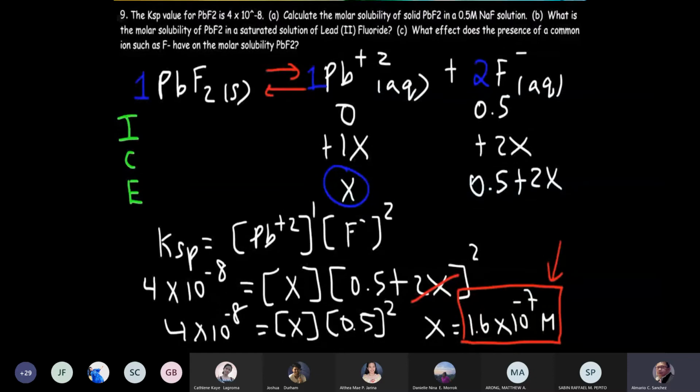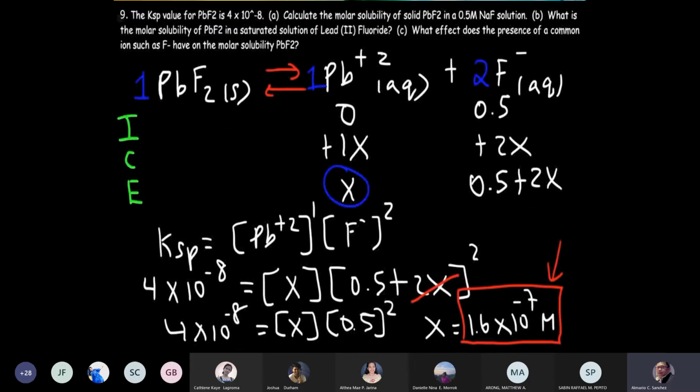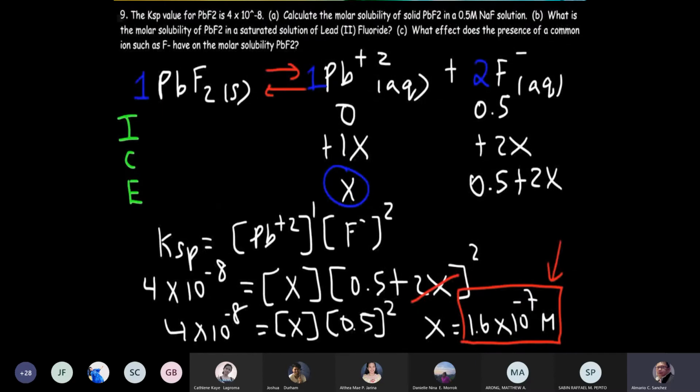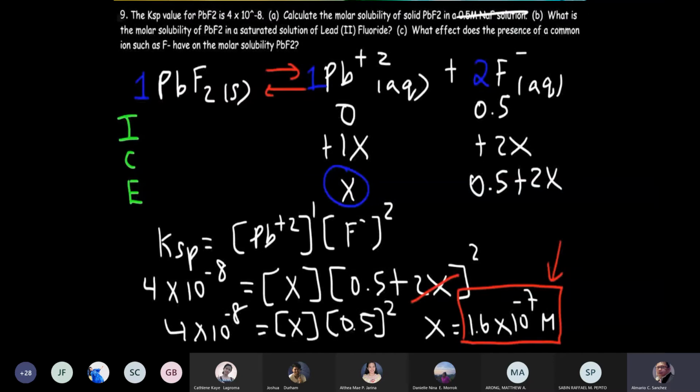Now let's focus on part B. What is the molar solubility of lead fluoride in a saturated solution of lead fluoride? So in this example, we want to calculate the molar solubility if it's not in a sodium fluoride solution. So it's just a solution that consists only of PbF2.